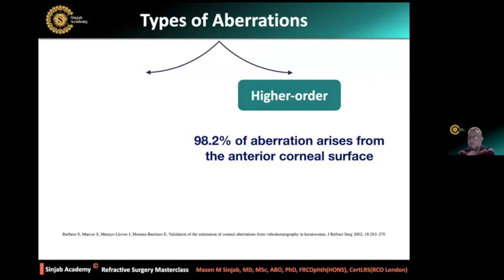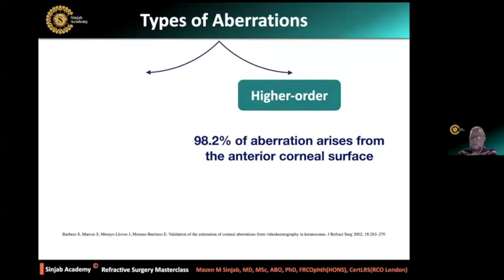So the anterior corneal surface is the main one. This is why topography guided treatment depends on the information of the anterior surface. It does not take the posterior corneal surface into consideration. This is what you have to keep in mind.